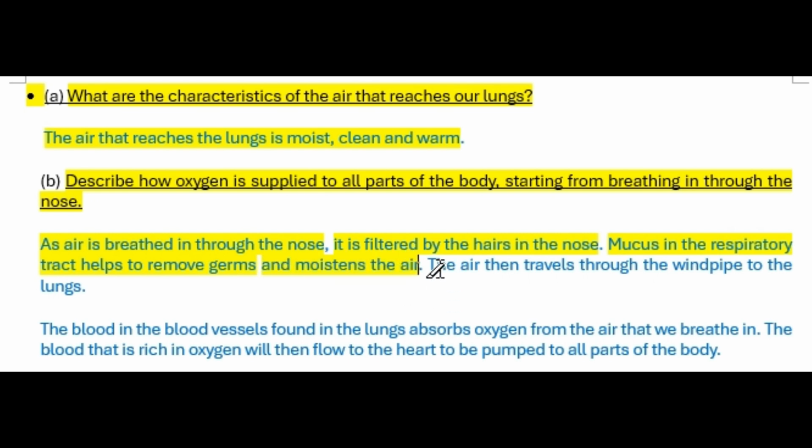The air then travels through the windpipe to the lungs. The blood in the blood vessels found in the lungs absorbs oxygen from the air that we breathe in. The blood that is rich in oxygen will then flow to the heart to be pumped to all parts of the body.